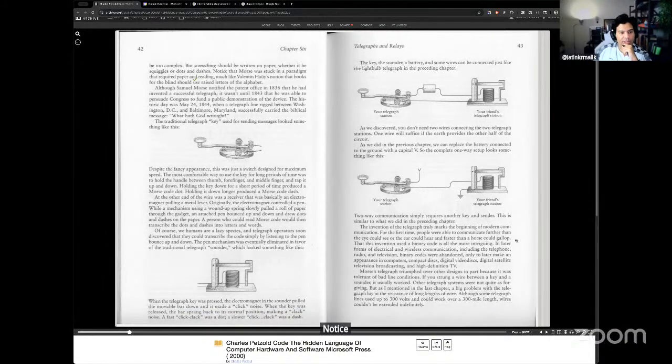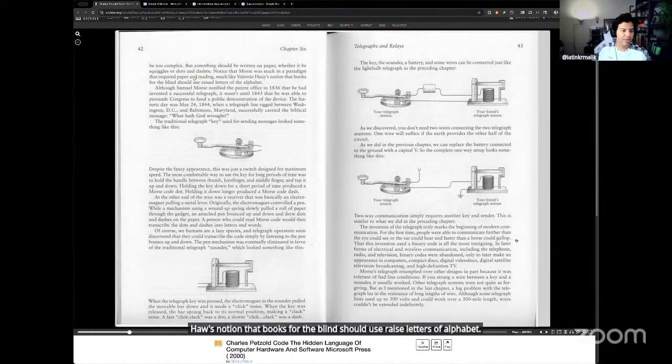Notice that Morse was stuck in the paradigm that requires paper and reading, much like the Valentine Haüy notion that books for the blind should use raised letters of the alphabet.